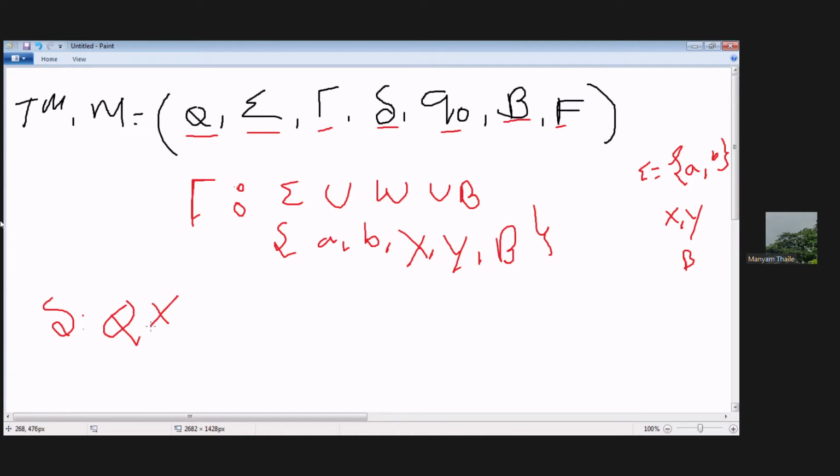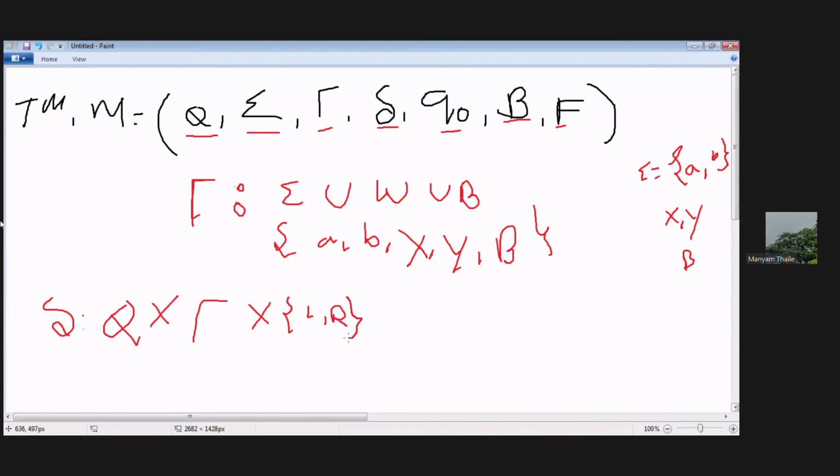You can select any one state from Q. Now this is the tau, so we can read any symbol from this tau. Now the read write head has a direction, left or right. The read write head is moving to the left or right side.